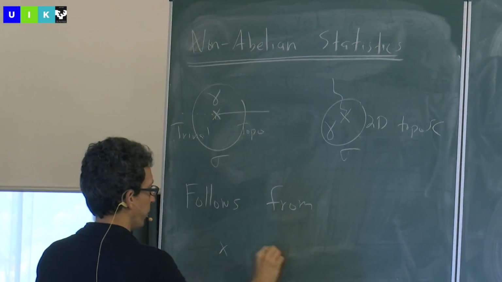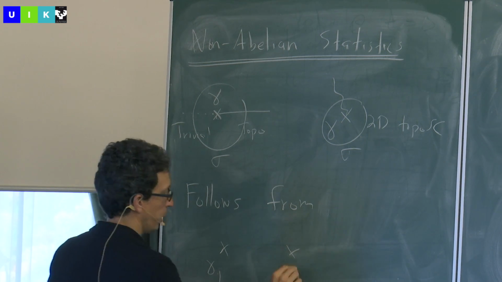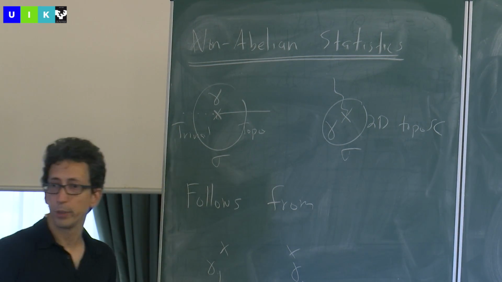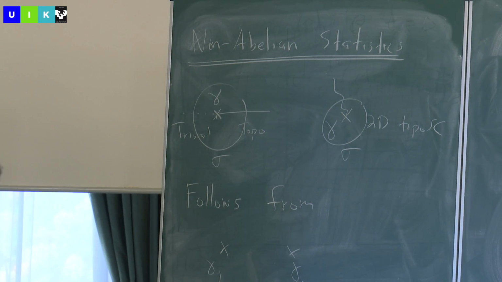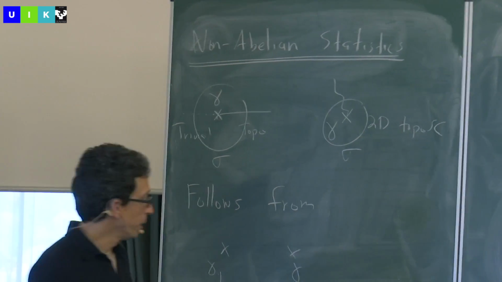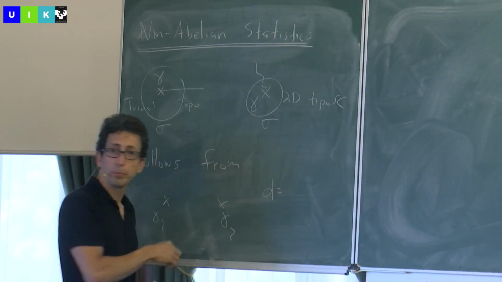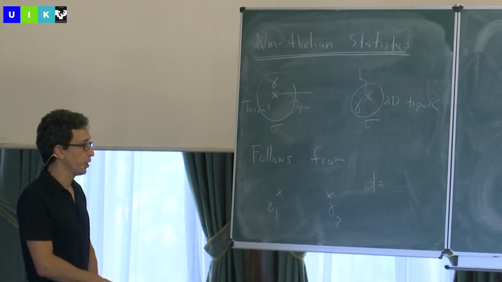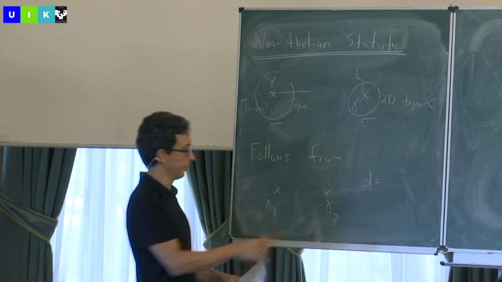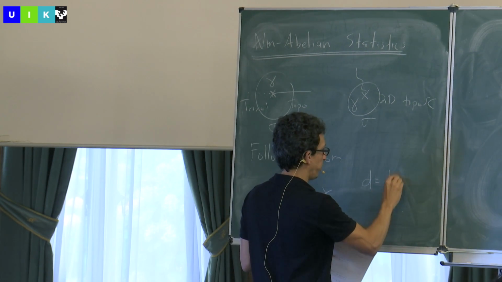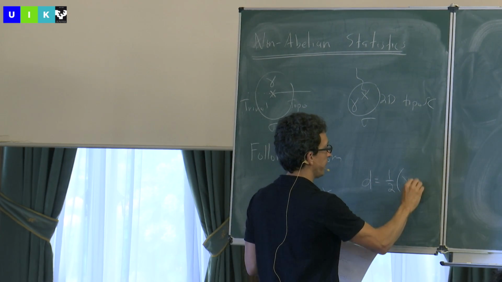So let's suppose you have two defects, one binding a Majorana zero mode gamma 1, the other giving a Majorana zero mode gamma 2. We can conveniently label the degenerate Hilbert space spanned by those Majorana zero modes by superimposing them into a fermion operator D, like we did last time.